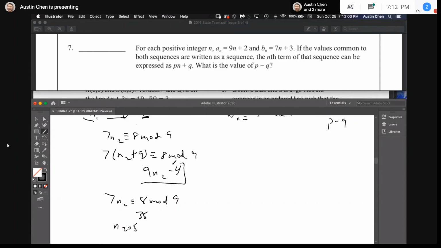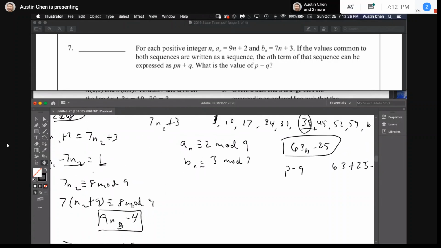So we know that this sequence describes the n2s that work. This should be n sub 3 or something else, right? So n3 being 1 would be our first n2 that works, and n3 equaling 2 would be our second n2 that works, right?